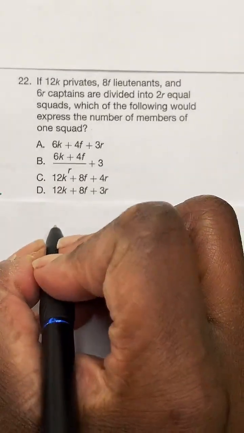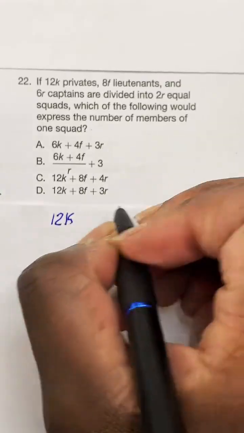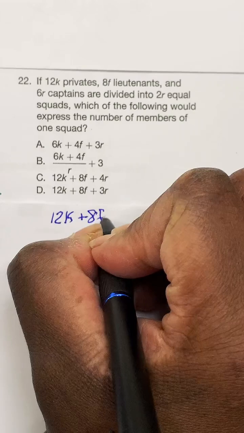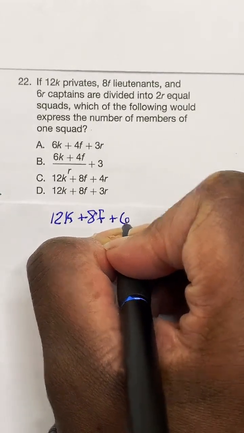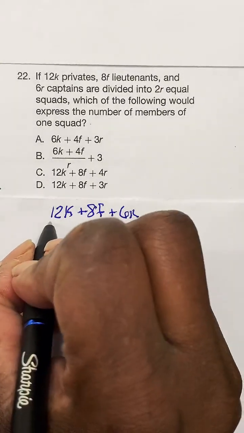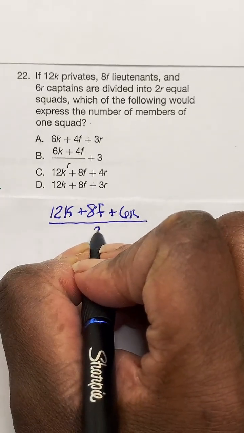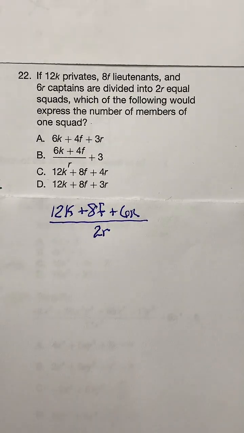And then I'm going to add, we got our 12K, plus our 8F, plus our 6R. And if we're going to divide them, we're going to divide them into 2R. So we don't know how many squads there are, but it's being represented by 2R squads.